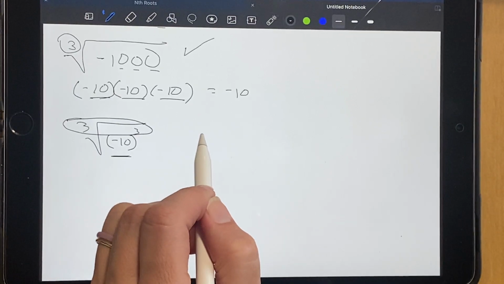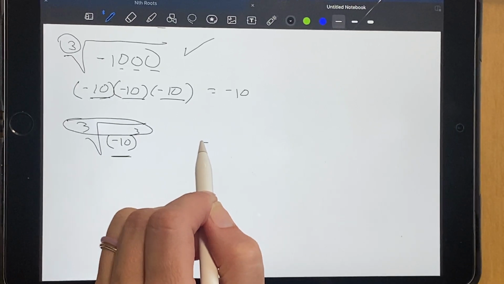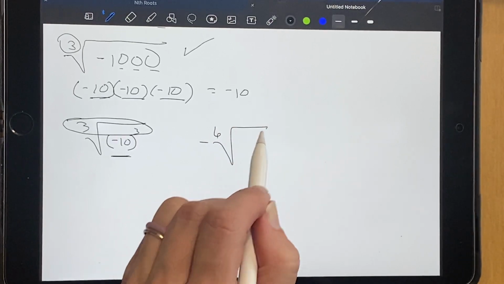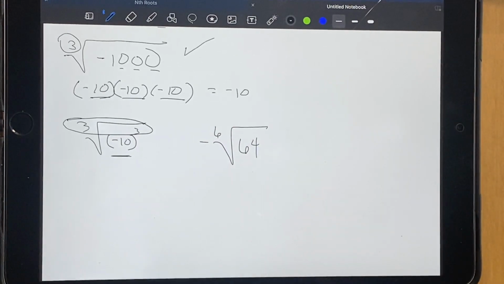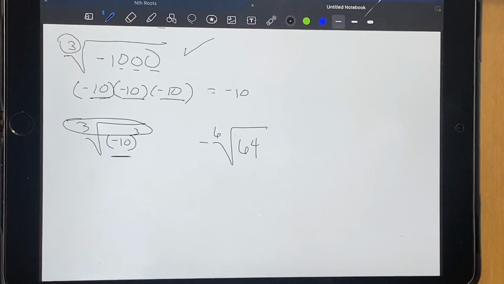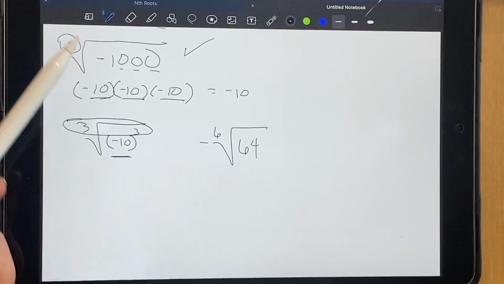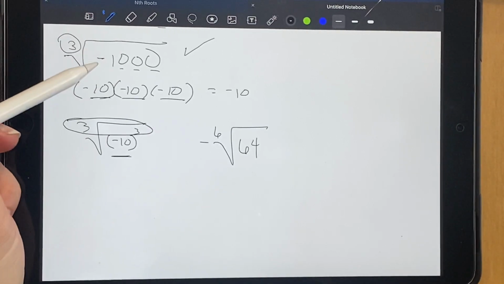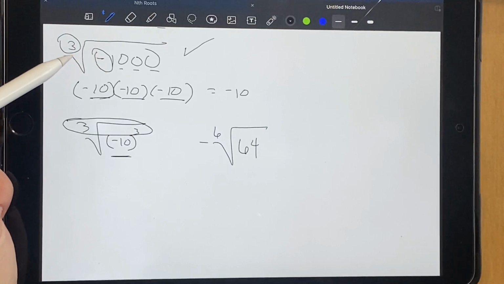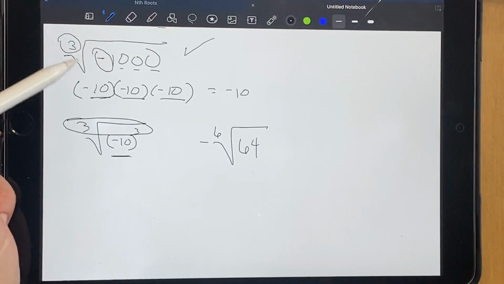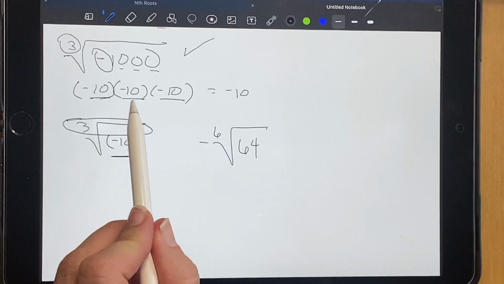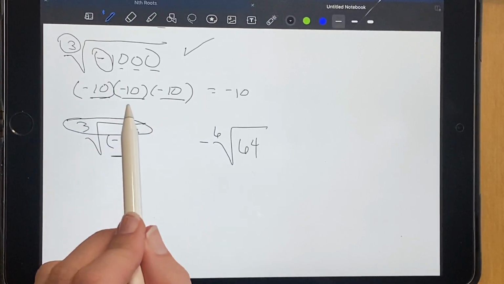Let's look at 31. 31 says negative 6th root of 64. Now let's look at the difference between these two. In this first one, our negative was underneath the radical. It's inside. That means it has to be a part of all of your answers.